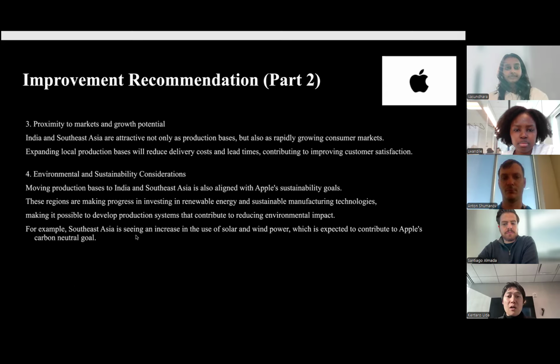These countries are very attractive as rapidly growing consumer markets, not only as production bases. So it's a really good place, and expanding local production bases will reduce delivery costs and lead times, so they can contribute to customers.